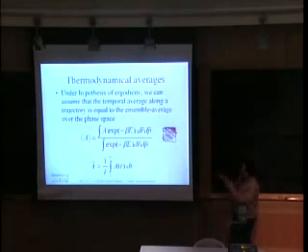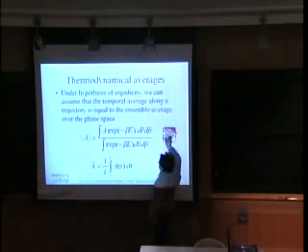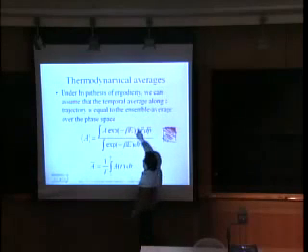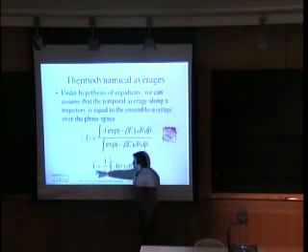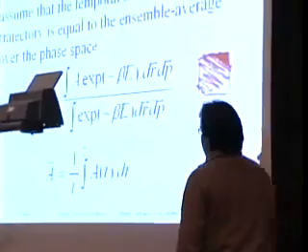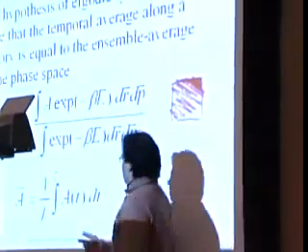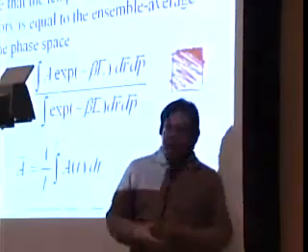And so if our evolution really is distributed in the trajectory according to this thermodynamical weight, then our expectation value, the thermodynamical average for our observable A, is trivially obtained by integrating over the trajectory all the values of A.